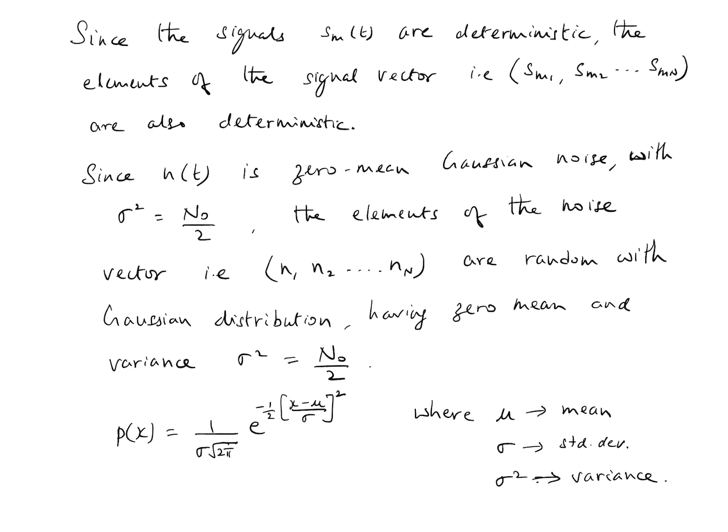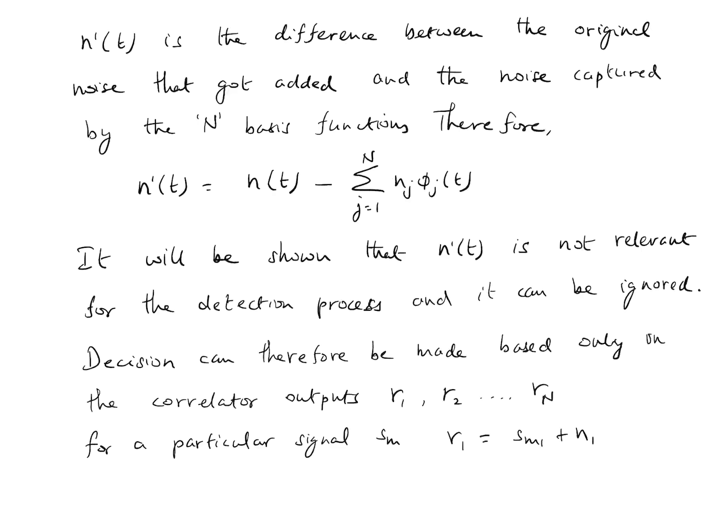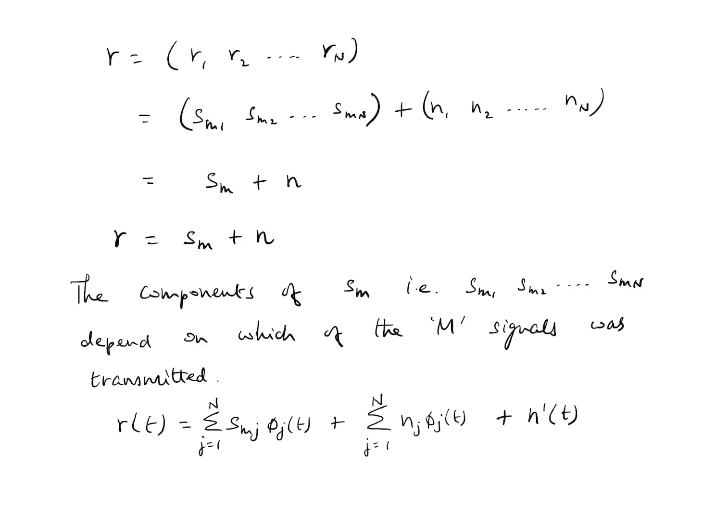Okay. Next, what we are interested in is to determine the probability distribution of the vector elements of the received signal vector R. And to do that, we need to first look into the probability distribution of the transmitted signal vector and the noise signal vector, right?